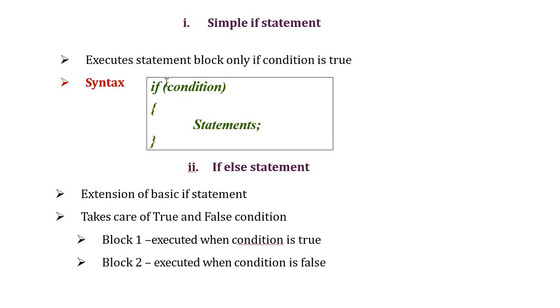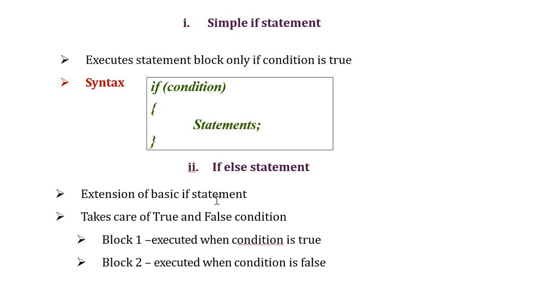You have an if statement, and within brackets you give the condition. The compiler will first check the validity or trueness of this condition. If the condition is true, only then the block of code under the if will be executed. Otherwise, it is skipped and the control moves to the next line after the if block. That is your simple if statement.